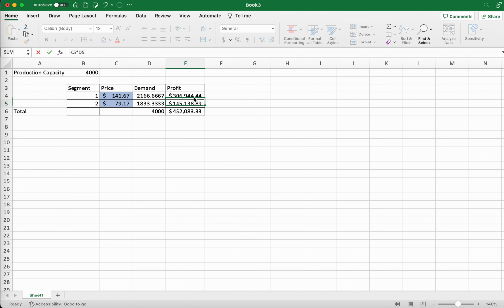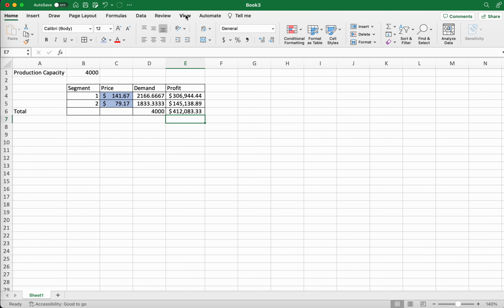So maybe I'll just write it here in the overall profit. So let's say minus 10 times the 4,000. So 412,083. Now, when you remember when I wrote this profit, I just said 10 times the 4,000. So this is technically not going to have an effect on the actual solution that we have here.